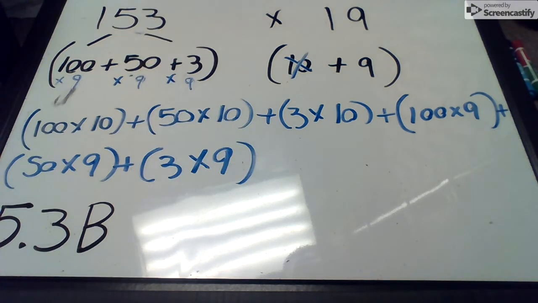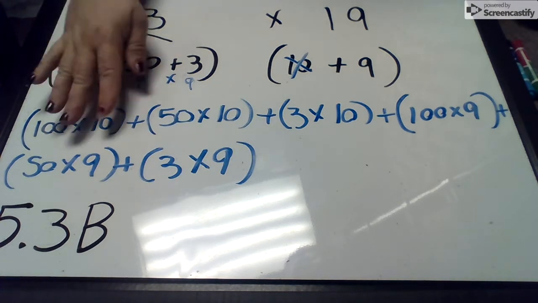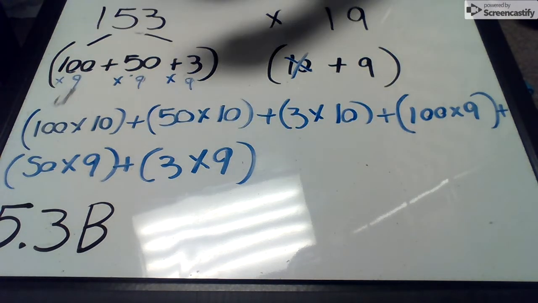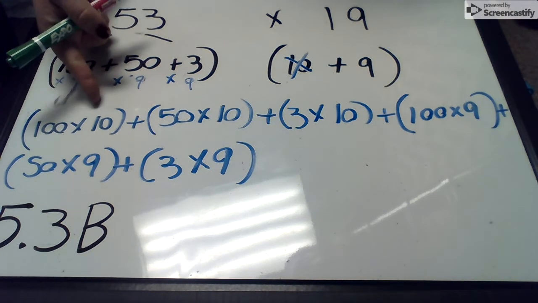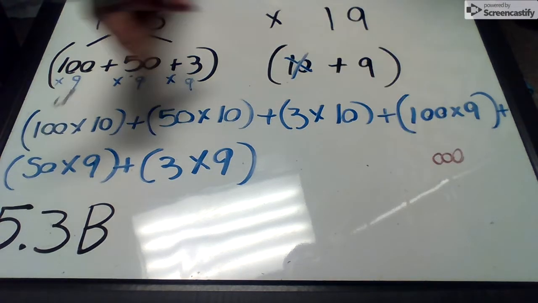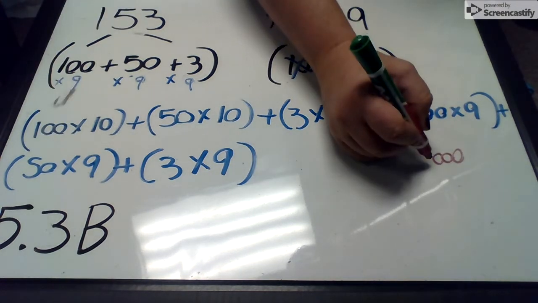Okay, now I would take these and make some different problems out of that. I'm going to do that over here. 100 times 10, there's 3 zeros. 1 times 1 is 1.